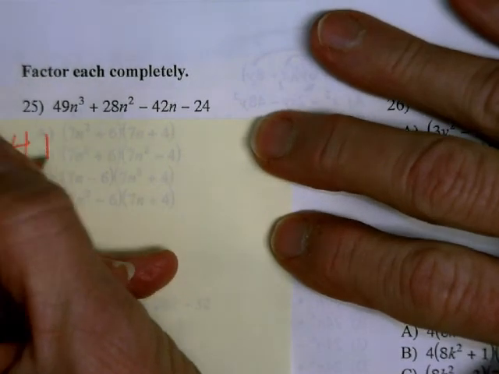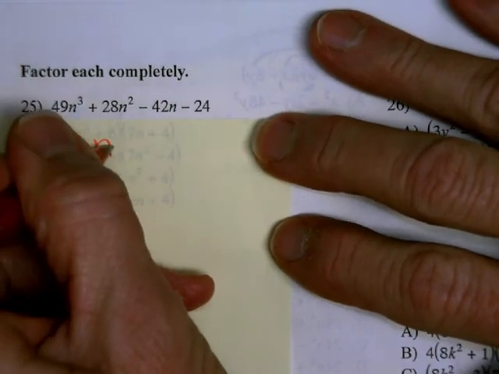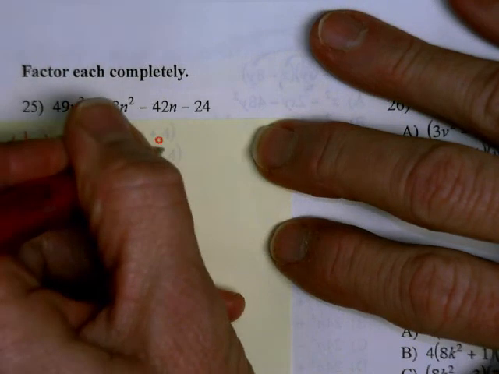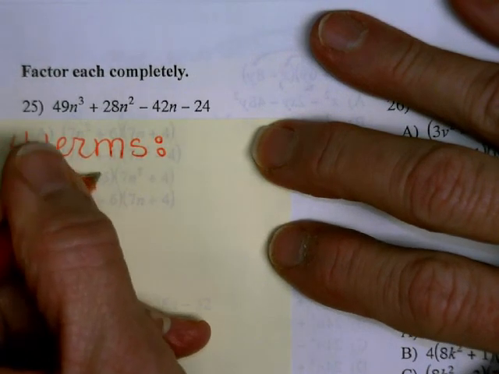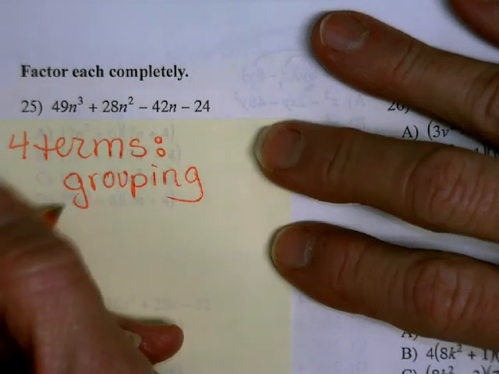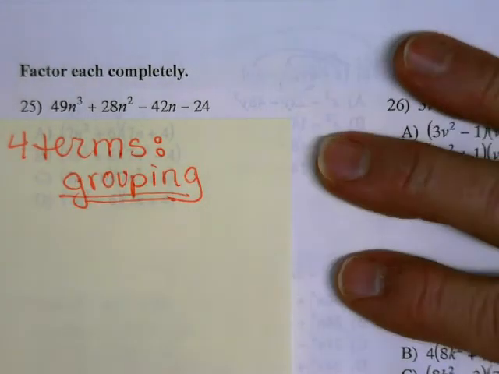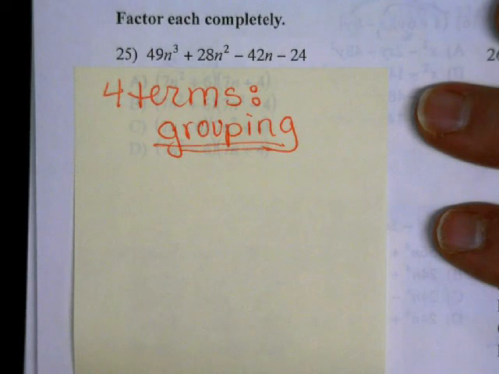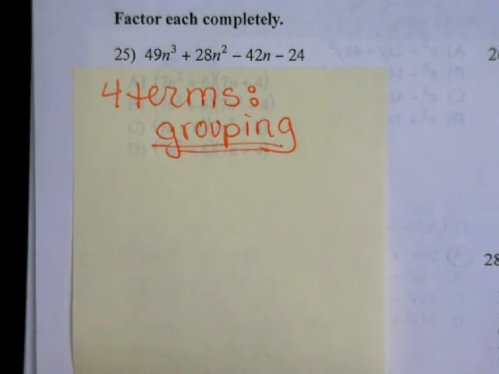Now, if you notice, these first 4 all have 4 terms. So when you see 4 terms, you should know the pattern. Grouping, remember?